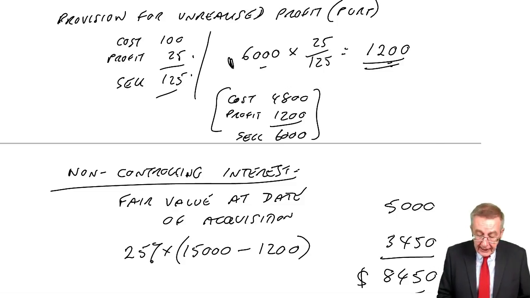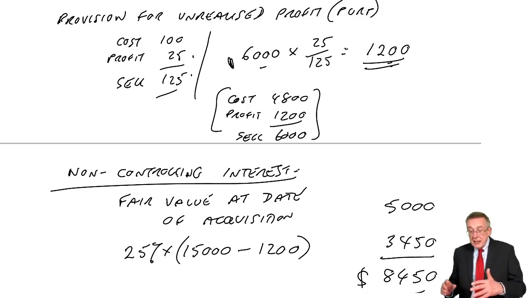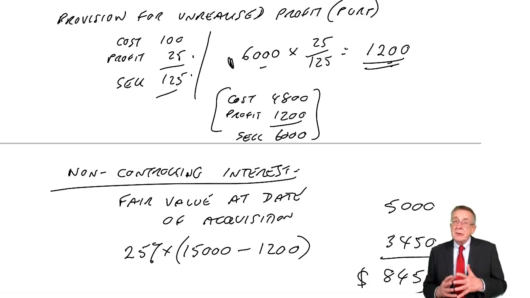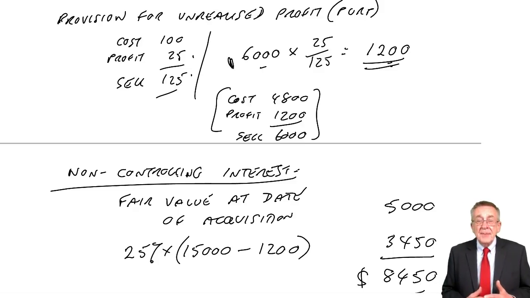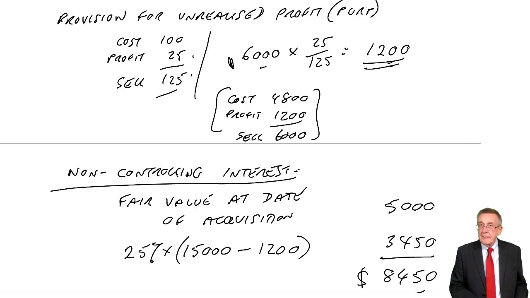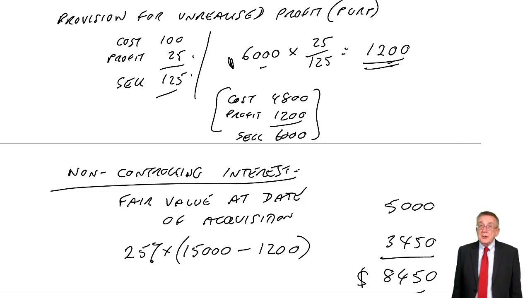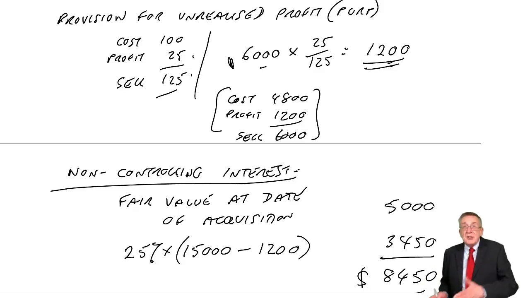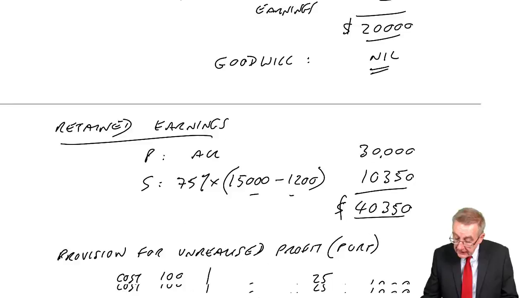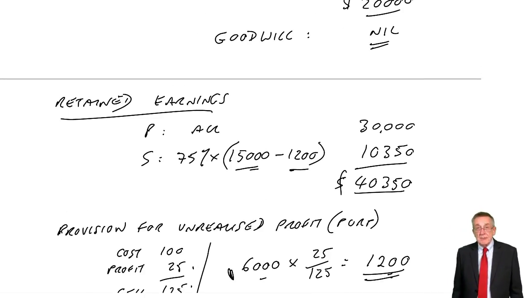Secondly, and be careful here, we need to take out the unrealized profit. We need to take it out of the retained earnings. You take it out of the retained earnings of whichever company sold it to the other. Here, even though it's P who's still got the goods in inventory, it was S who'd sold them to P, so we took the unrealized profit out of S's retained earnings.